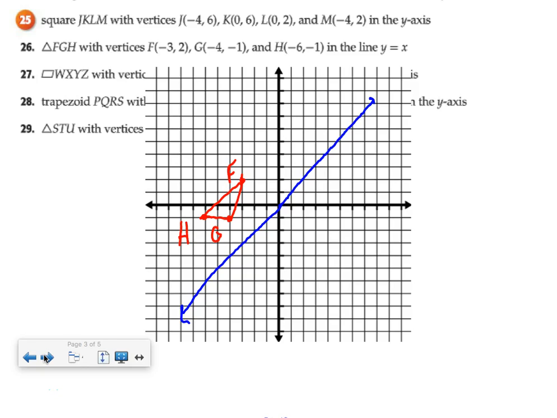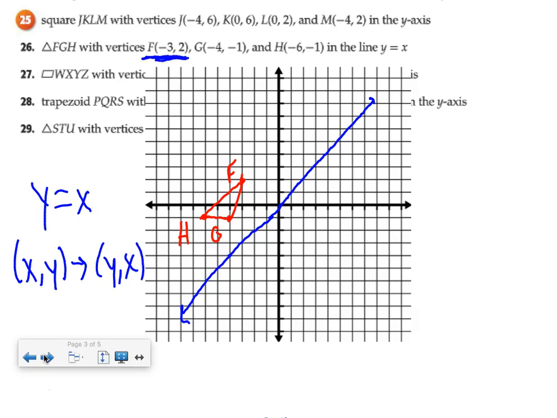So this one's kind of tricky because can you count diagonally? Well, no, you really can't. Like, I can't say I'm approximately 1¼ boxes away from here, so that's how far away I'm going to plot it. But what's nice about the reflection over y equals x is your xy coordinates become flopped. They switch positions. So if we were to graph F here, folks, your 3 and -2 switch spots.